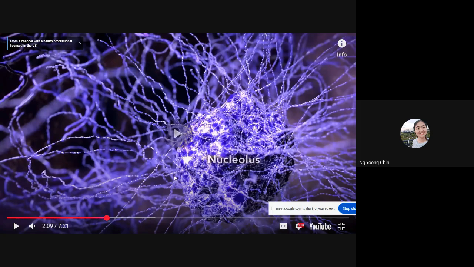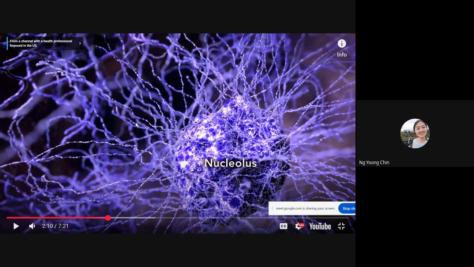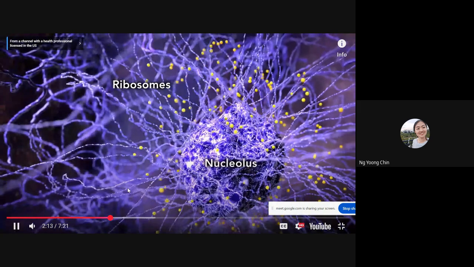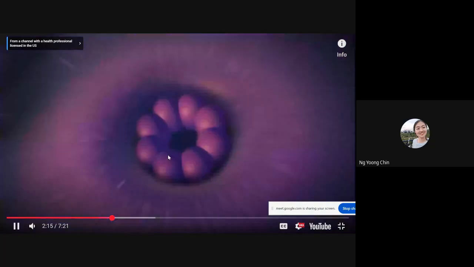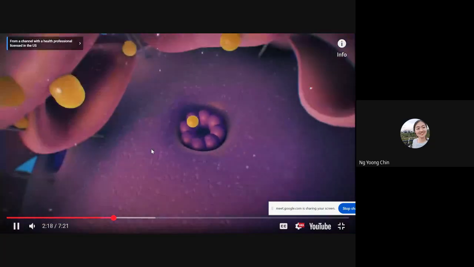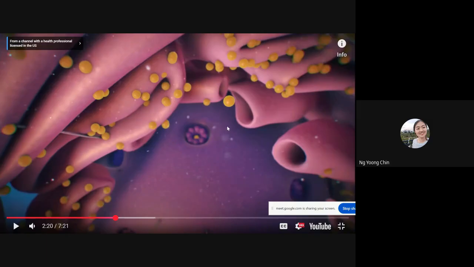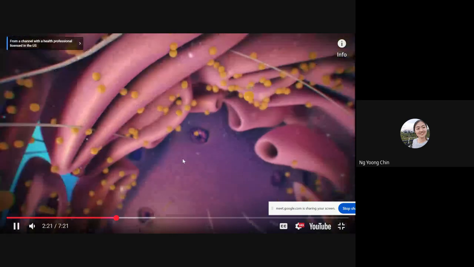You can see the threads branching out from the nucleus, referred to as chromatin. Actually, the nucleolus produces ribosomes. That's why the nucleus has pores, so that whenever ribosomes are synthesized inside, they can diffuse outside and reach the cytoplasm. So they must have the pore.